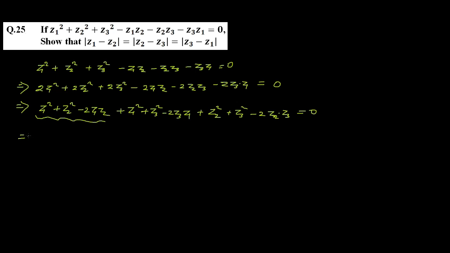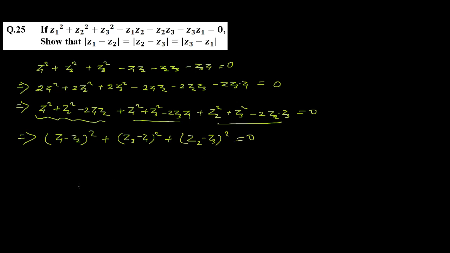This part is something like (z3 − z1)², and the third part is (z2 − z3)², that is equal to 0. Let's simplify. Let a = z1 − z2, b = z2 − z3, c = z3 − z1.